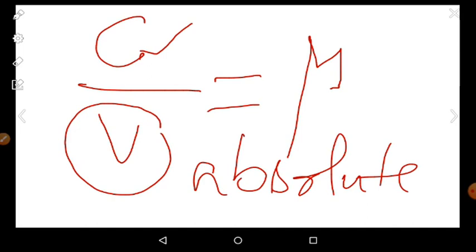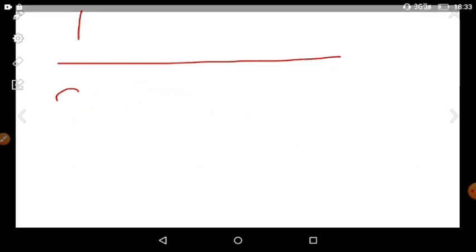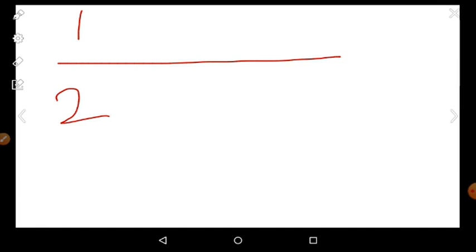This refractive index varies from material to material. Now, instead of considering the value c, when light is propagating from one medium to another medium, how do we calculate the refractive index?